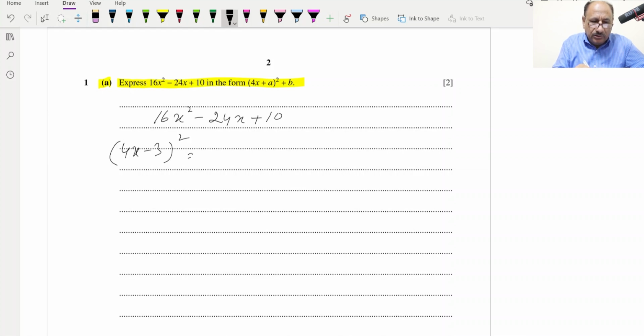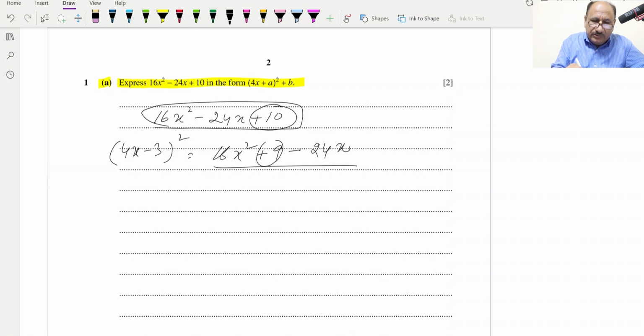If we open this square, it will be 16x squared, and minus 3 squared will be plus 9, and minus 2 into 3 will be 6, 6 into 4 will be 24, so minus 24x, and we require 10. Basically here it is 10. If we compare this portion, this is containing 9, whereas this one is having 10. So what we will do, we will add here plus 1.